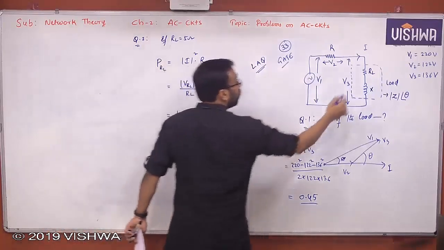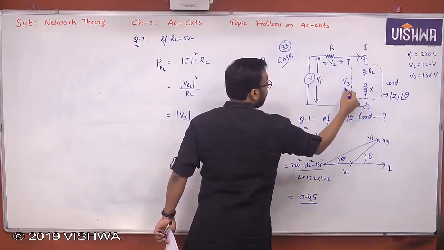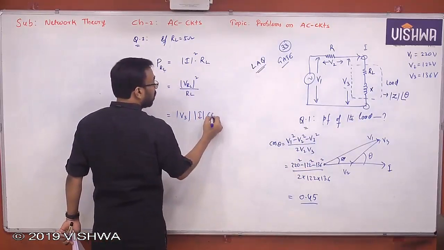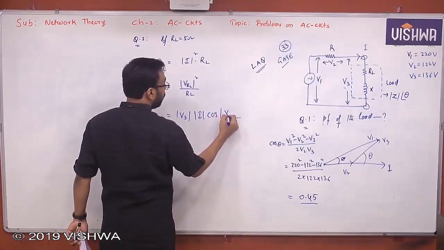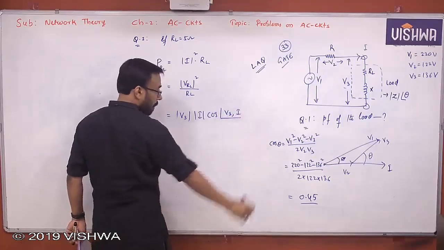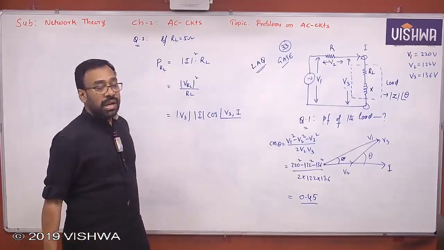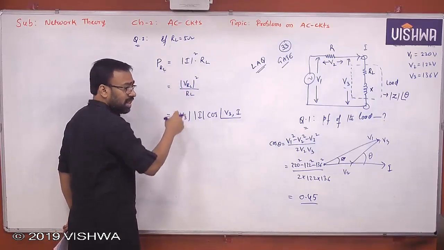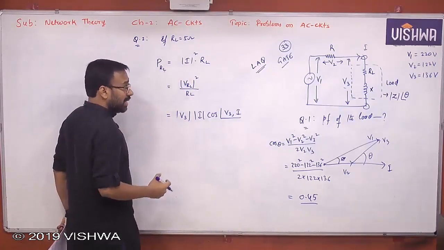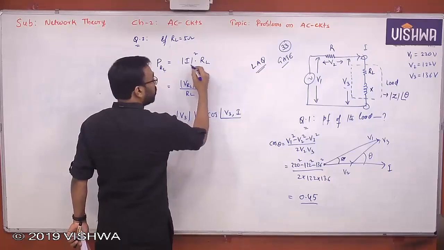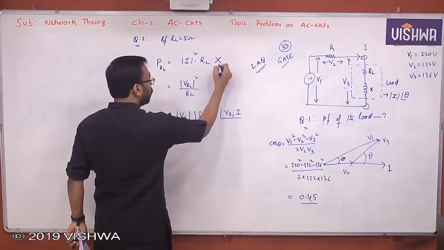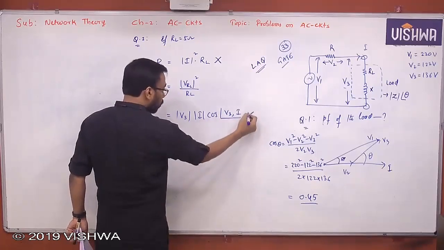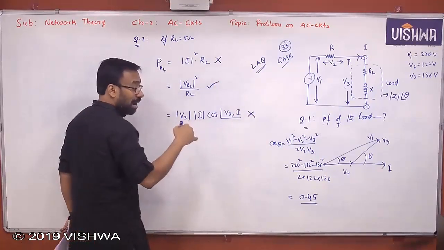V3, the impedance voltage, and the current I, so V3 I cos of the angle between V3 and I. These are three formulas. Now in this context, which formula is more suitable to apply? You have to check. Does the last one work here, because you do not know the ammeter reading? No. Since you do not know the ammeter reading and phase angle, no. This is the only formula which you have to apply in this context.